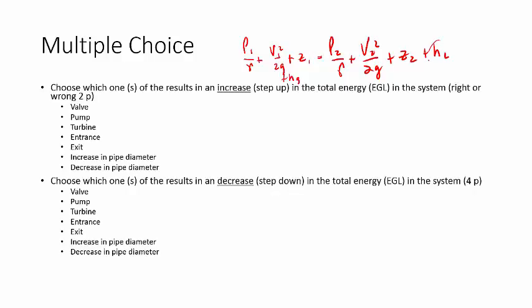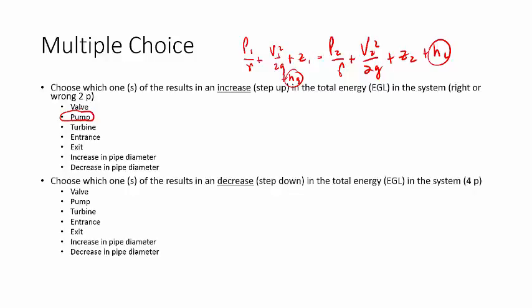So the losses would be due to major losses or minor losses, and then the gains or step up would be due to something that increases the energy. So something like a pump would increase the energy. And then the other thing is, as you decrease the diameter, you increase the velocity.